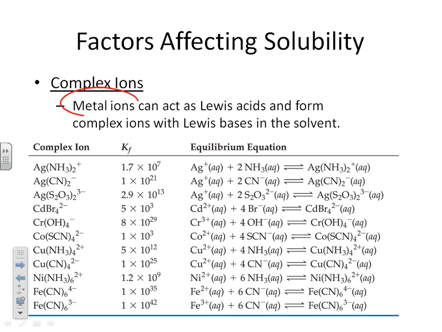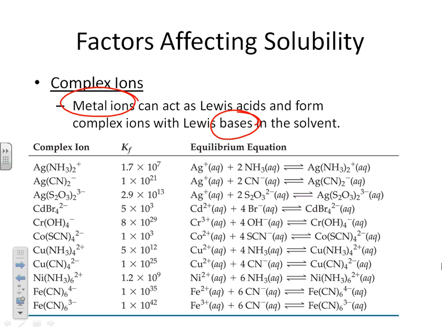We need a metal cation that is surrounded by these other things. They could be molecules, they could be ions, but they're always bases. And when that metal cation is surrounded by these other bases, they're called Lewis bases, which is a definition we haven't seen.